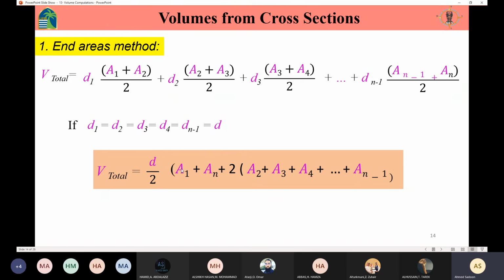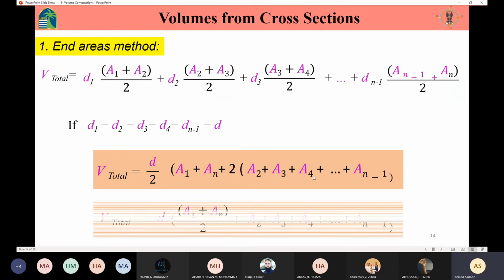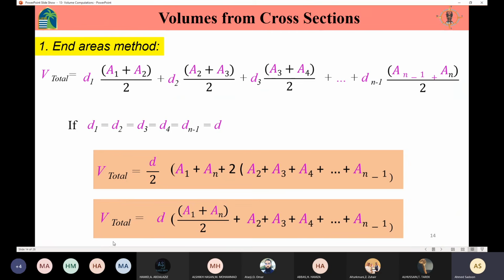Then we are going to end up with A1 plus An, plus 2 times (A2 plus A3, and so on). And this also could be arranged like that: V total is going to be D, the distance between the end areas, times (A1 plus An) over 2 plus A2 plus A3 plus A4, until the area next to the last area.